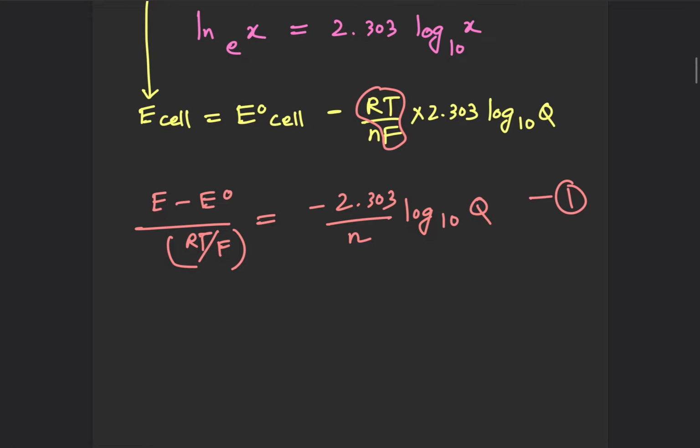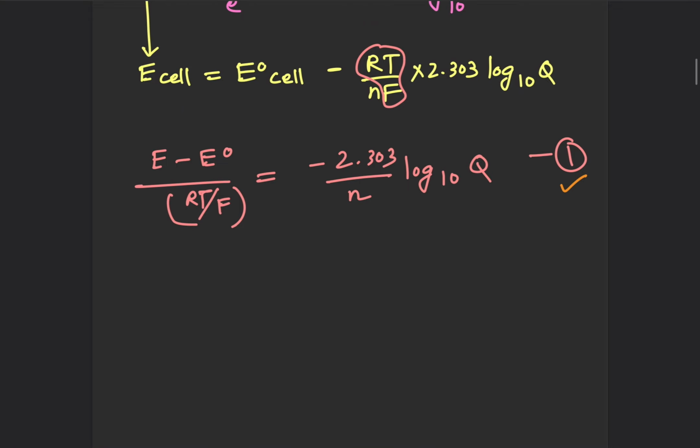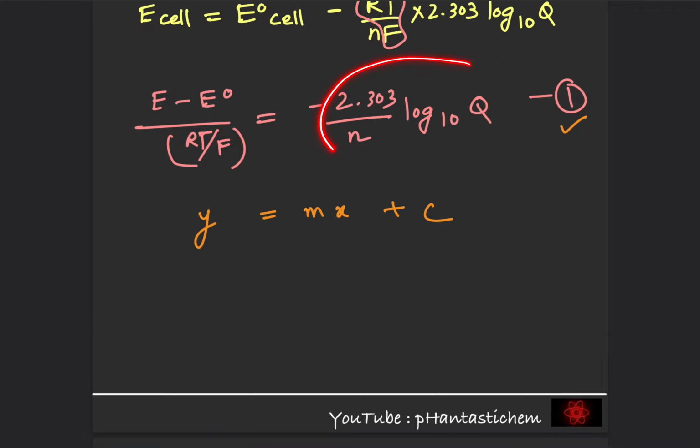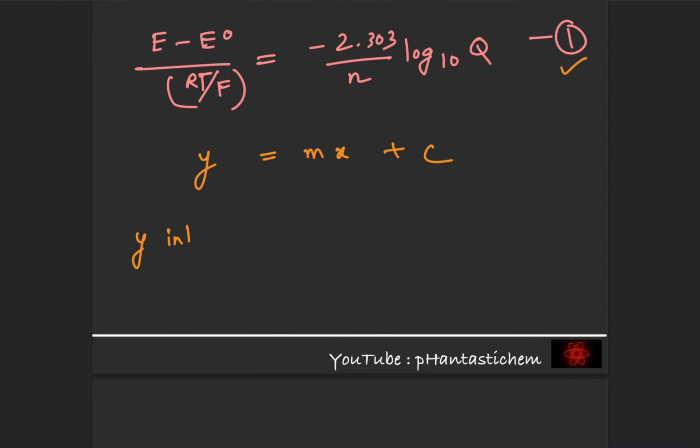Comparing equation 1 to the equation of a line, y is equal to mx plus c, where y is (E minus E naught) by RT by F and x is log 10 Q, we can see the y-intercept c is equal to 0. So there is no y-intercept in this graph, and the slope is minus 2.303 by n.